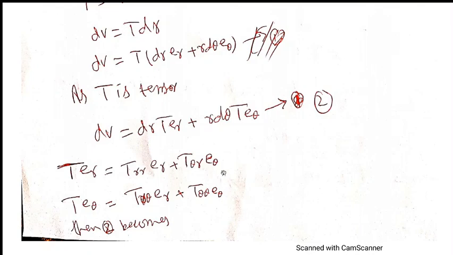It means that T of Er equals Trr Er plus T theta r E theta, because the second coordinate is theta and we have coordinates r theta.